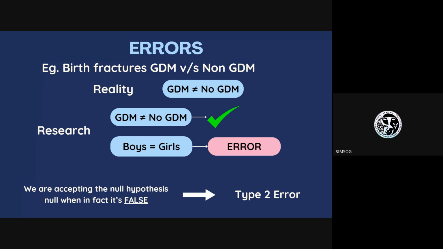If a result says that the birth fracture incidence is not similar, that is what is there in reality, so we are fine with that. But if our research states that GDM is equal to no GDM, then that is essentially an error, where in spite of there being a difference, we are saying there is no difference. In reality there is a difference, but we are accepting the null hypothesis, and this is what is called a type 2 error.